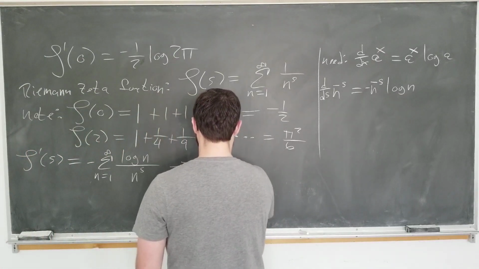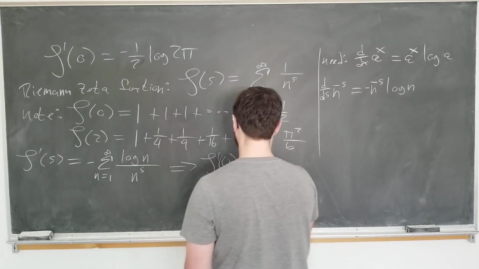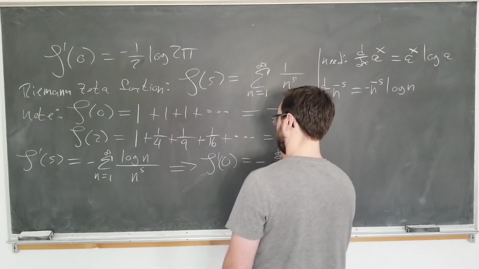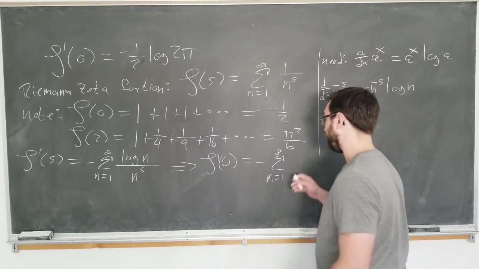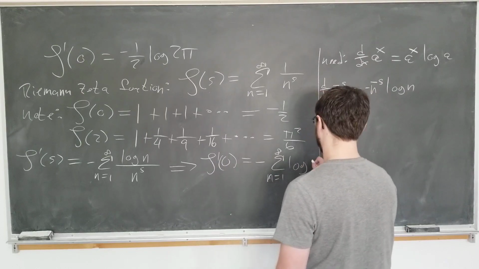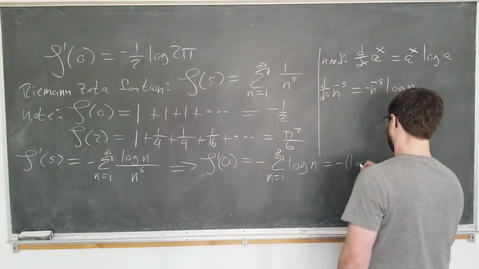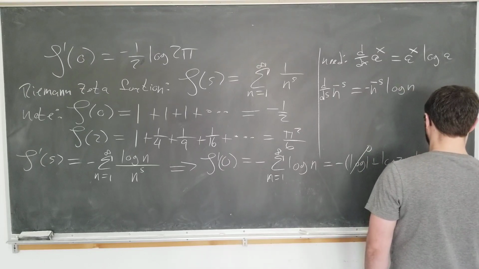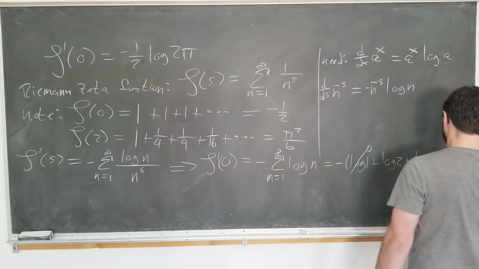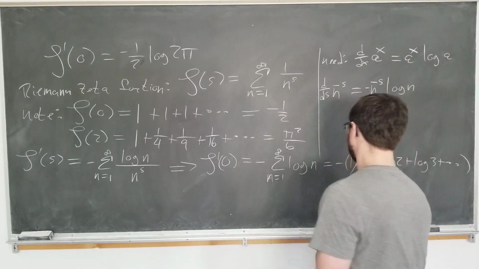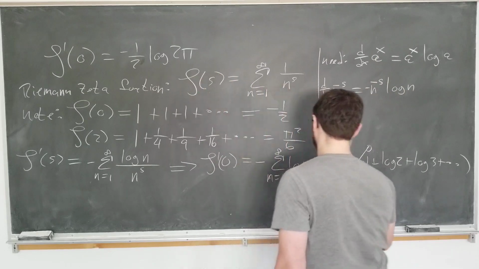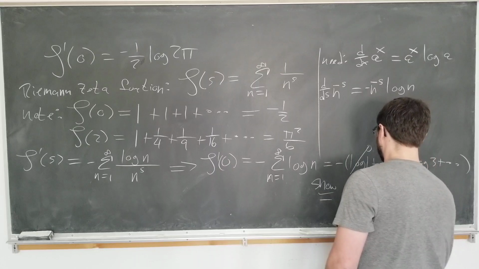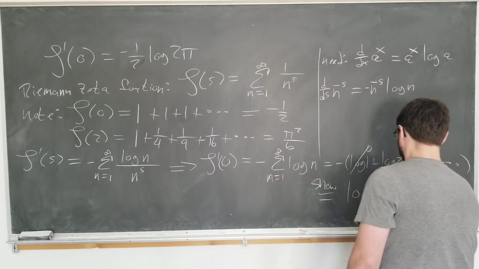So if we're looking at zeta prime of 0, we're actually looking at minus the sum of n to the 0, which becomes 1, times log of n, which is minus log 1, which is 0 of course, plus log 2, plus log 3, plus etc. We're going to be showing in this video that it's equal to the following constant, which can also be written in the following way: log 1 over square root of 2 pi.